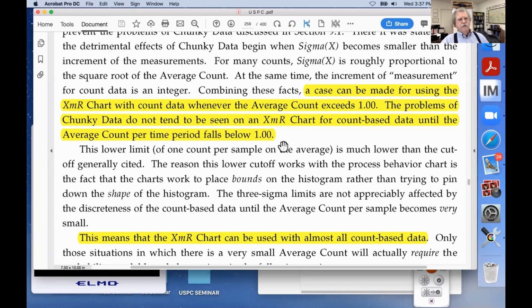You need to shift from counting the rare events or rare items to tracking the area of opportunity between the rare events or between the rare items, like I explained on page 100 of Understanding Variation. So that's the only caveat, and it's the caveat of chunky data.